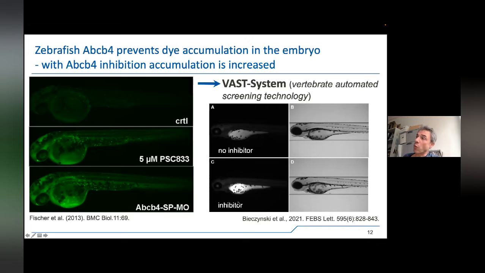But when you have an inhibitor of this efflux transporter present, the embryo appears much brighter, and you can quantify this signal, and then quantify the effect of the inhibitor on the efflux transport.